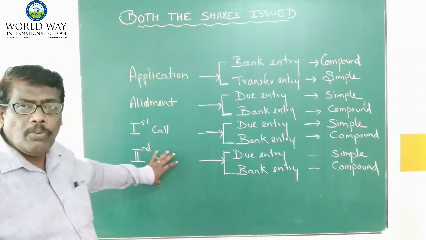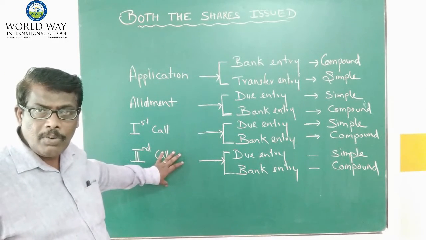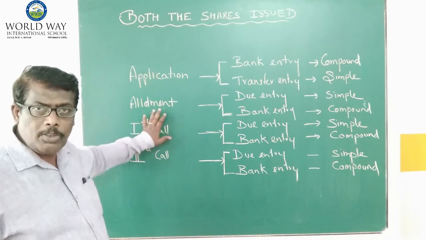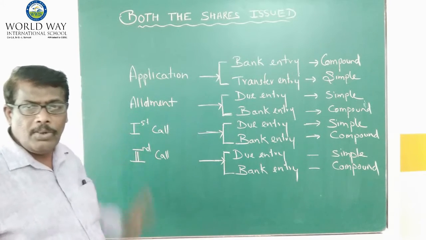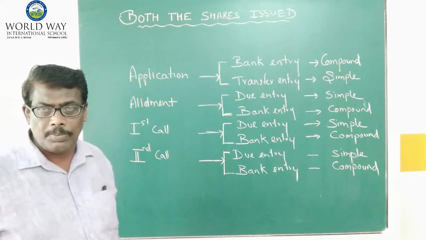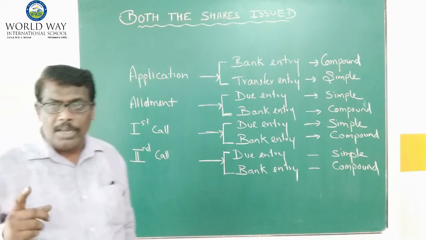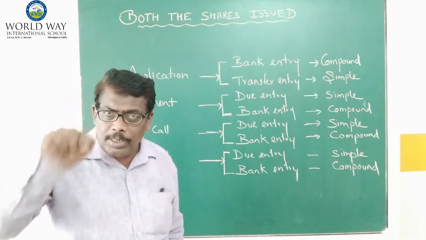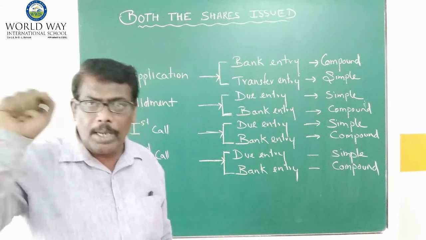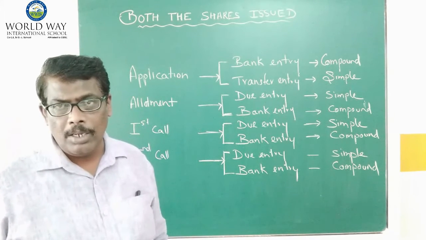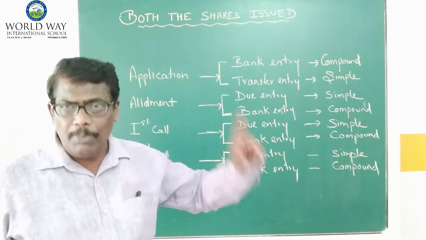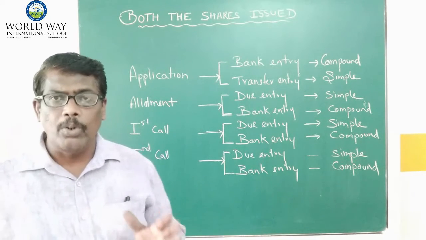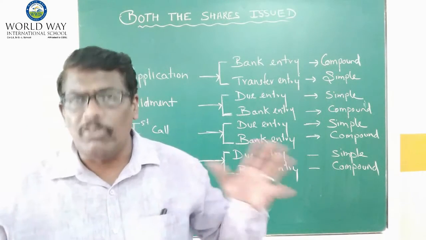See, we all know four stages are there: application, allotment, first call, and second and final call. Whenever we issue both the shares together to the public, while passing the bank entry, we have to take it in compound form.